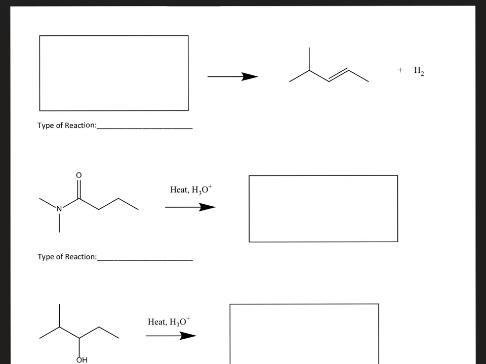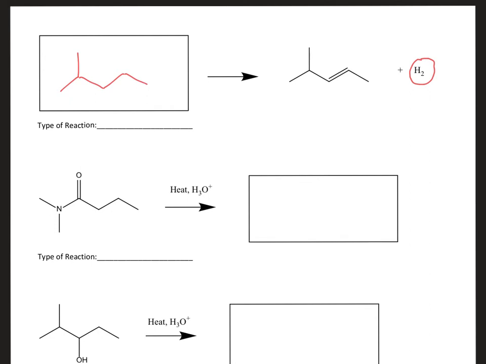Well, let's think about what we have as a product. See right here, we have H2 as a product, and we have a double bond, right? Well, chances are what that means is that we've lost H2 because we had hydrogen on the other side. So in other words, this is kind of just the opposite, and we started with an alkane.